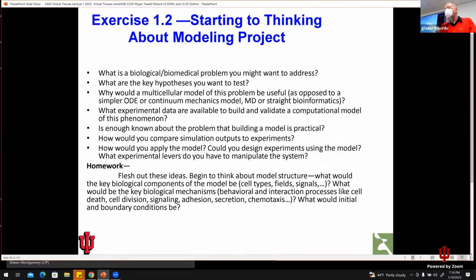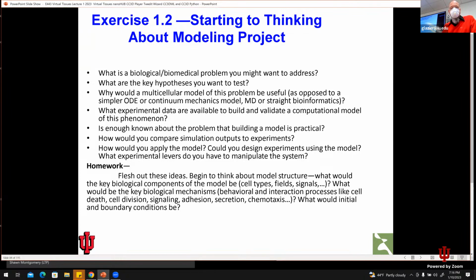That's fine too. But what I'm hoping is that looking at these examples and maybe doing a little bit of digging in models that are published using CompuCell, PhysiCell, Morpheus, or other systems, there might be something that appeals to you as a problem that you might want to understand.